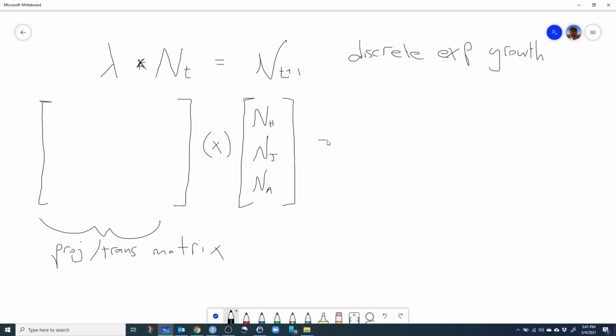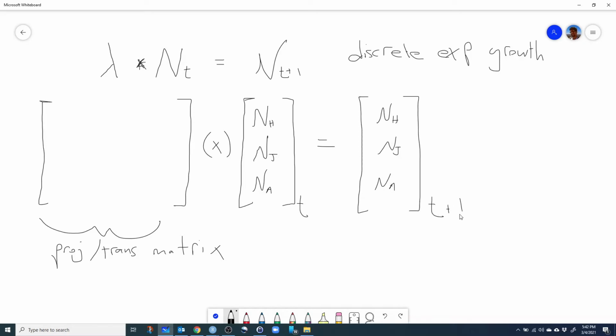And if we multiply that by this transition matrix, sorry, this should be time t. If we do that matrix multiplication operation, what we're going to get is the abundance of hatchlings, the abundance of juveniles, and the abundance of adults at time t plus 1.